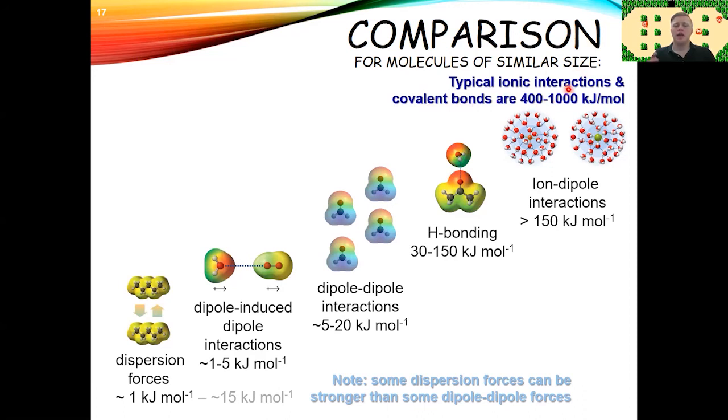Those ionic and covalent bonds usually have bond strengths of about 400 to 1,000 kilojoules per mole, so you have to put a lot of energy into breaking them. So these intermolecular interactions are a lot lower in strength than ionic interactions or covalent bonding, but they have a strength that makes real noticeable impacts on macroscopic properties, such as melting point, boiling point, etc.